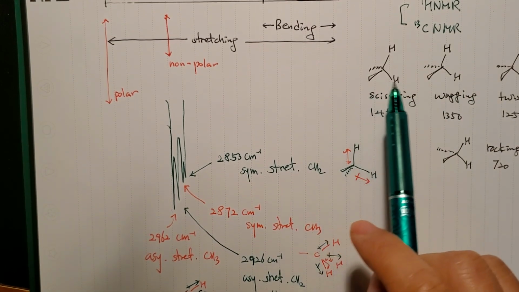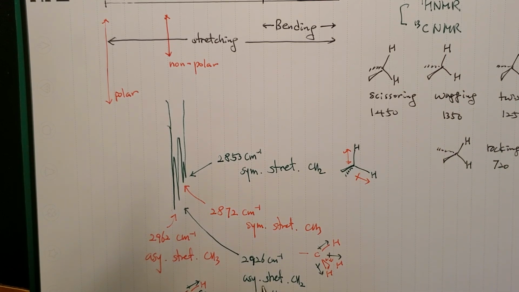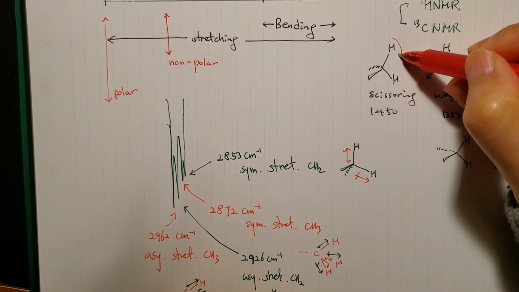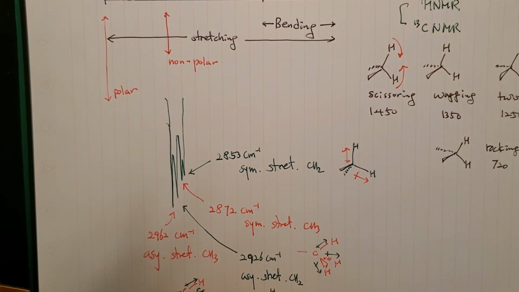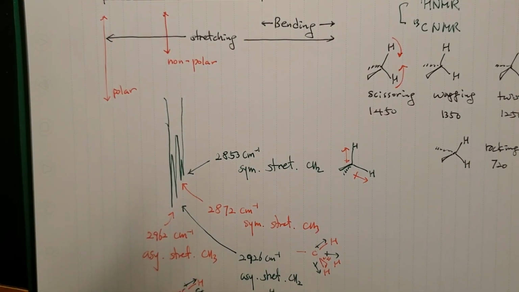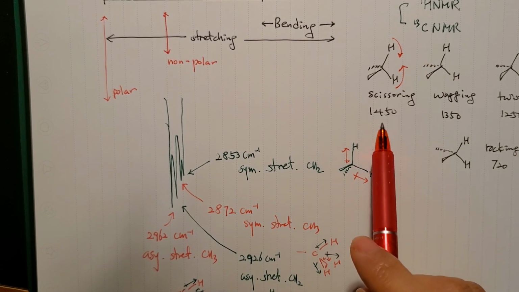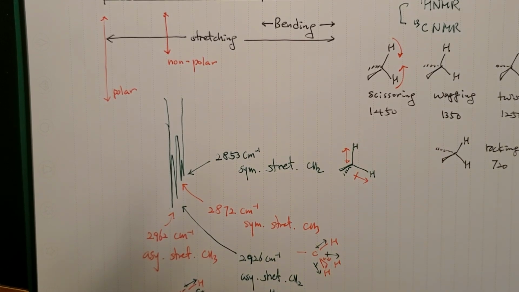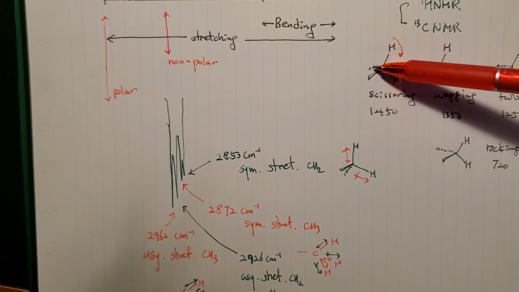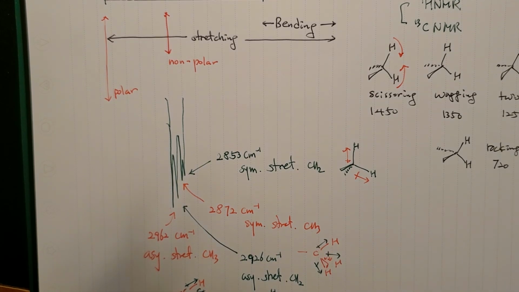Then you have all of these bending vibrations, right? One of the highest ones is a scissoring. That's when you have these two methylene hydrogens scissoring, coming together in, coming out together. That happens to have the greatest force constant value. As you can see, you have to come close to the electrons. Then when you go out, you are getting closer to the electrons. So the K value is big.